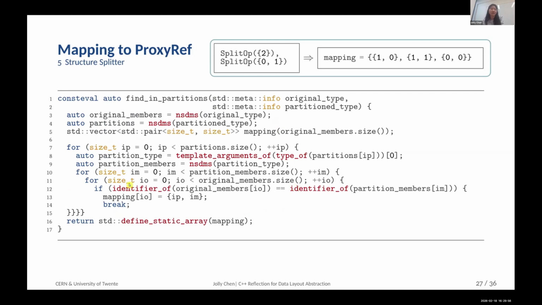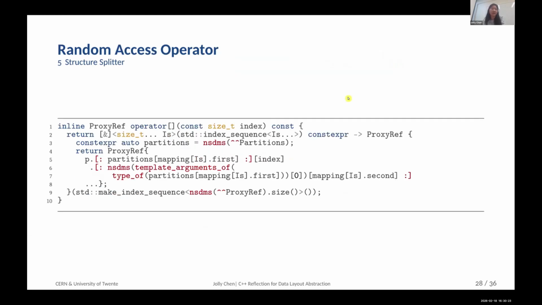I'm not going to go into detail in this code sample, but what this essentially does is it creates a mapping that contains a pair of indices. For example, here the 0th data member indicates that it's in the second substructure, and then on the 0th index of it, so that it's the first data member of the second substructure. And then we also have a random access operator that uses this mapping to populate the proxy reference again.